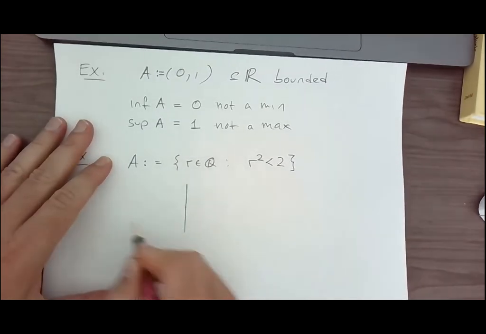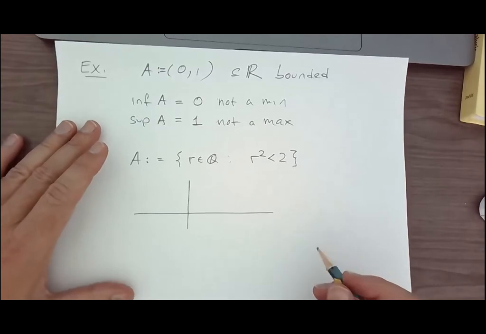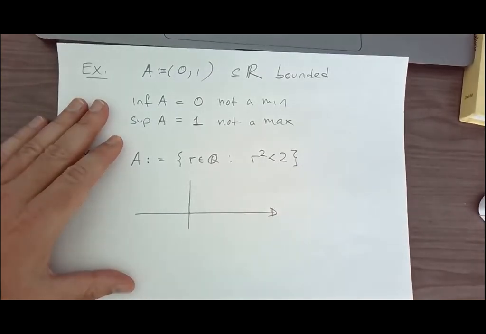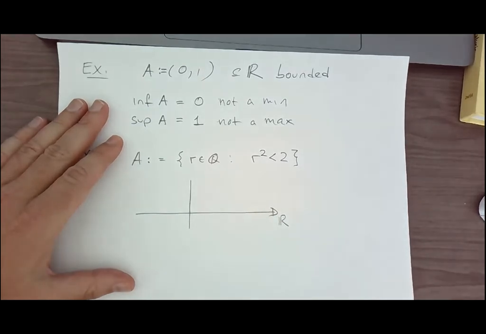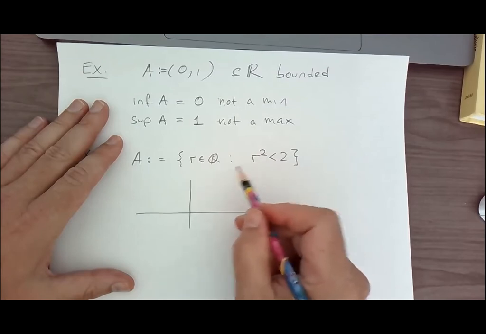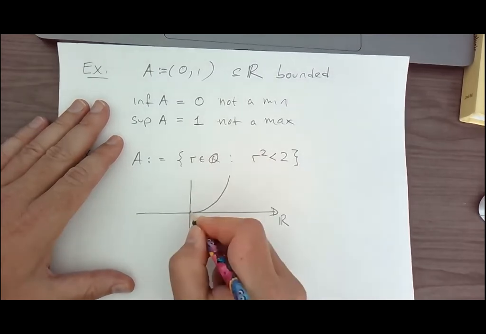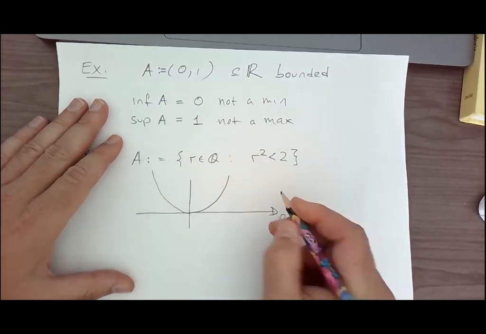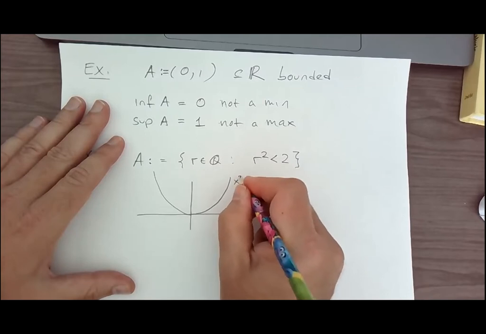And so if I look at this set here, maybe I'll try to make a picture. If I'm just pretending that I have R down here, I'll have the square function. So this here is my x, and this here is my x squared.